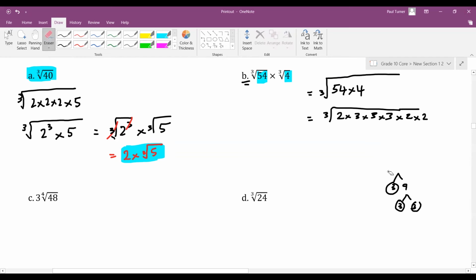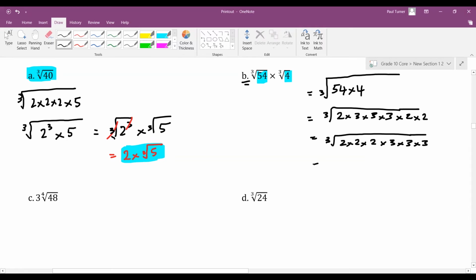Okay, so we just break it down to prime factors. And then we look at what we've got. So we've got a cube root. And let's put the 2's together: 2 times 2 times 2, and the 3, 3, 3 here. I just rearranged it, that's all.